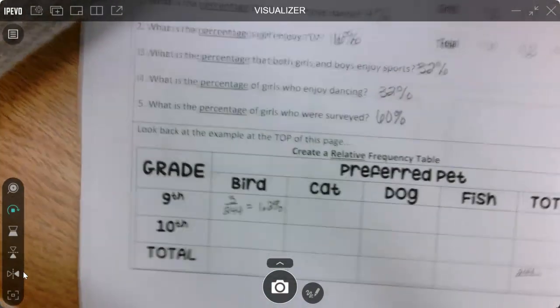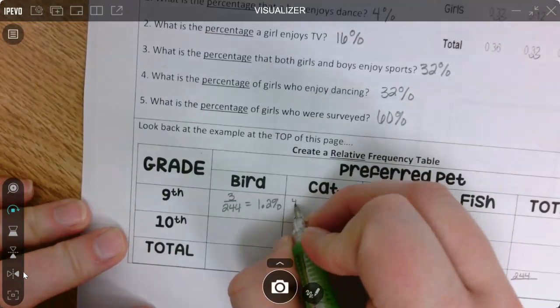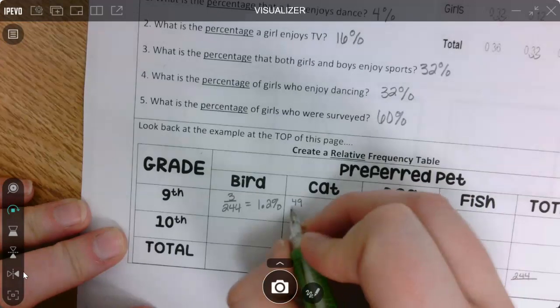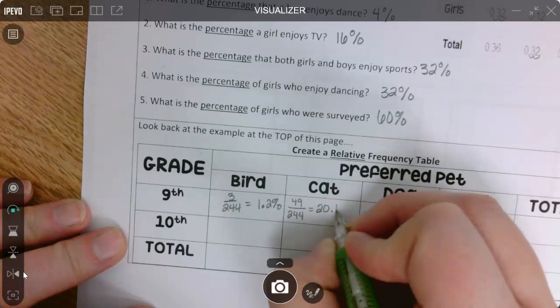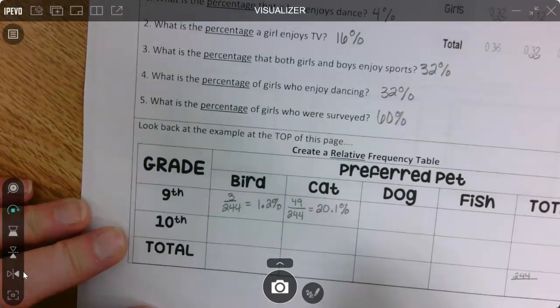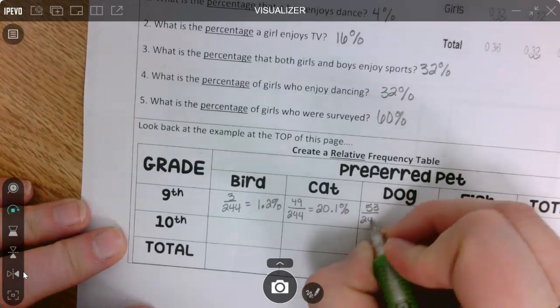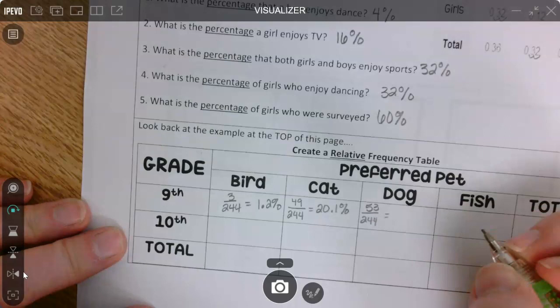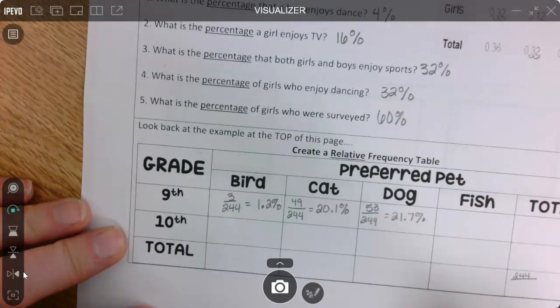Again, I am using this table. Okay. So the total number of cats was 49 out of 244. That's going to be 20.1%. Then we have 53 out of 244. That's going to be 21.7%.